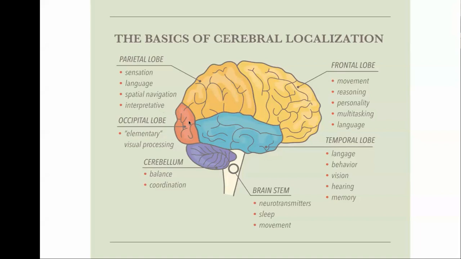Elementary visual processing is really focused on the back of the brain. But you see other functions like language that are distributed. You have some language that is dependent on the parietal lobe, some that is dependent on the frontal lobe, some that is even dependent on the temporal lobe, and so forth. Now, this is very simplified, but just so we can grasp that these are networks and regions of the brain that we depend on to be human, right?